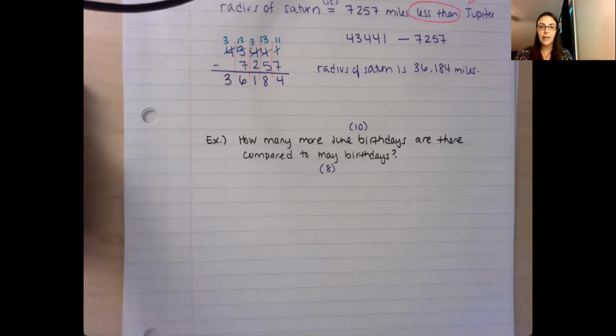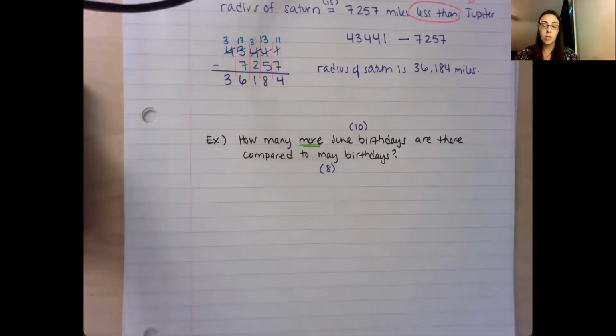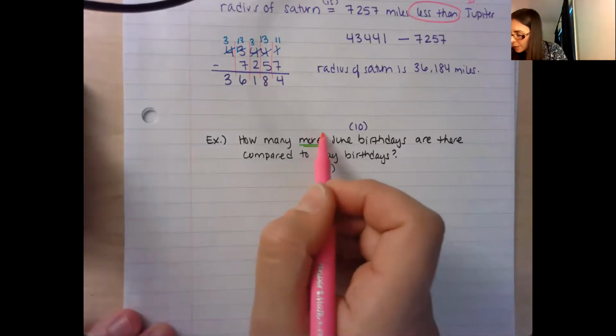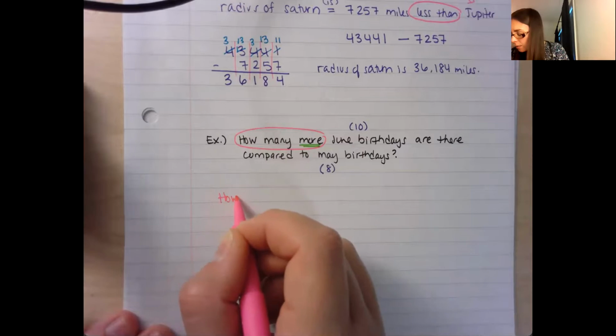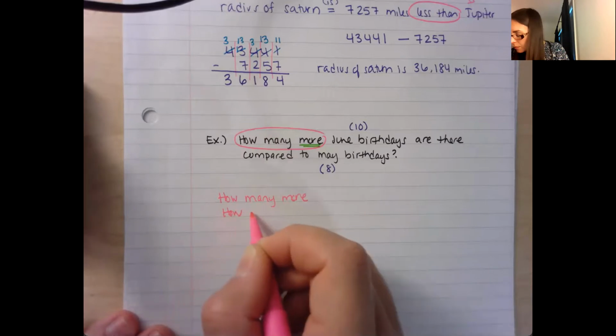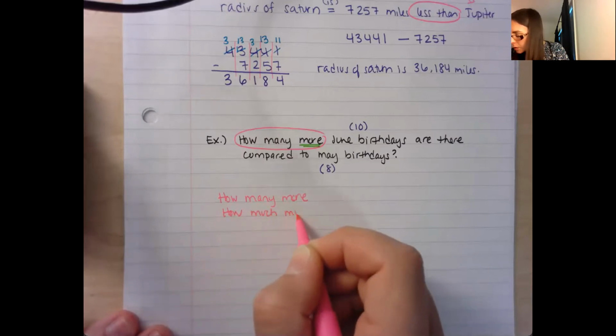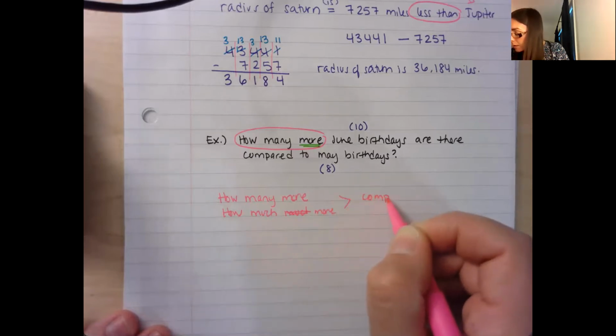And you really want to be careful here. If you read the question, you do see that word more. And I know we said already that more usually means addition, right? If something is more than something else, we're adding. But this one's a little trickier because the question is not really just more, it's how many more. When you have a question that is how many more or how much more, then those are actually comparison questions, right?